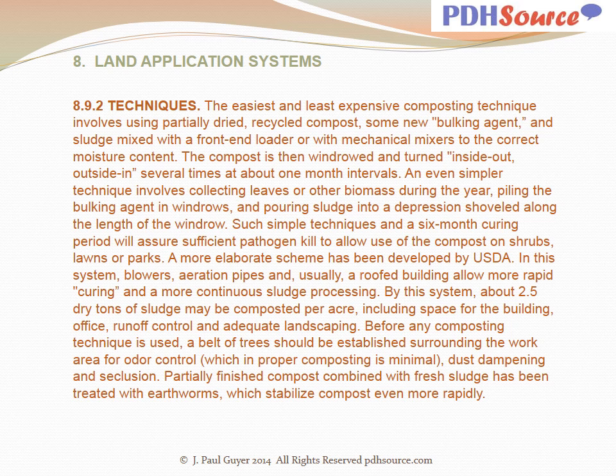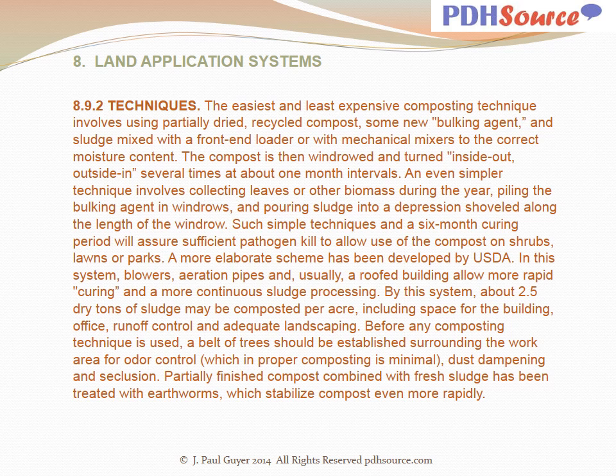An even simpler technique involves collecting leaves or other biomass during the year, piling the bulking agent in windrows and pouring sludge into a depression shoveled along the length of the windrow. Such simple techniques and a 6-month curing period will assure sufficient pathogen kill to allow use of the compost on base shrubs, lawns, or parks.